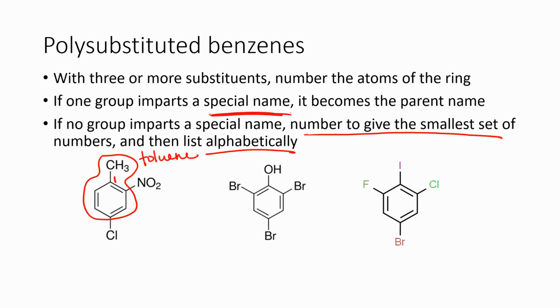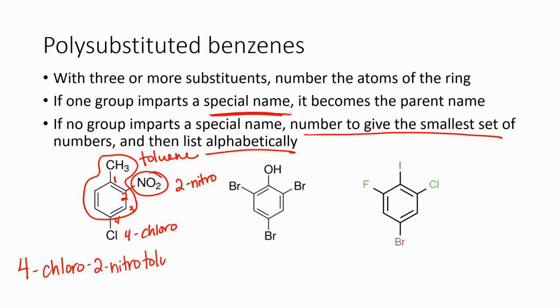That's got to be the 1 carbon. So at the 2, we'll have our nitro group, and then a 4-chloro. And then we'll alphabetize those. We'll put the chloro first. 4-chloro-2-nitrotoluene.